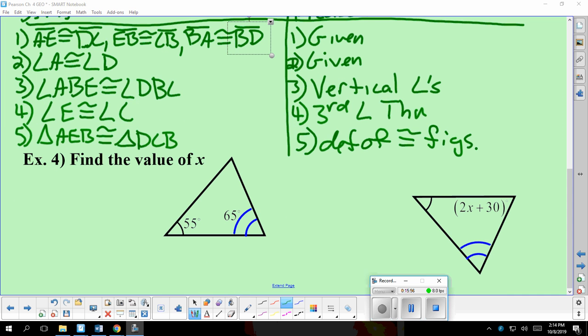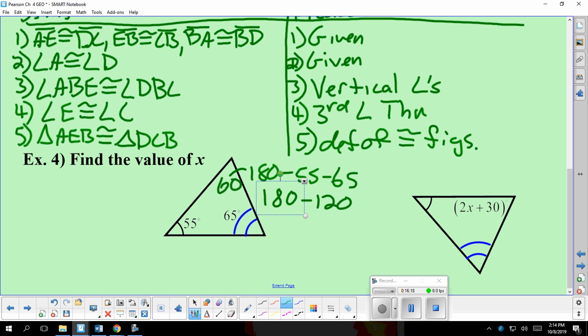So we're given that two angles in a triangle, so I can find the missing third angle, right? So I know this angle has to be 180 minus 55 and then minus 65. So we end up with 180 minus 120, or this is 60 degrees.